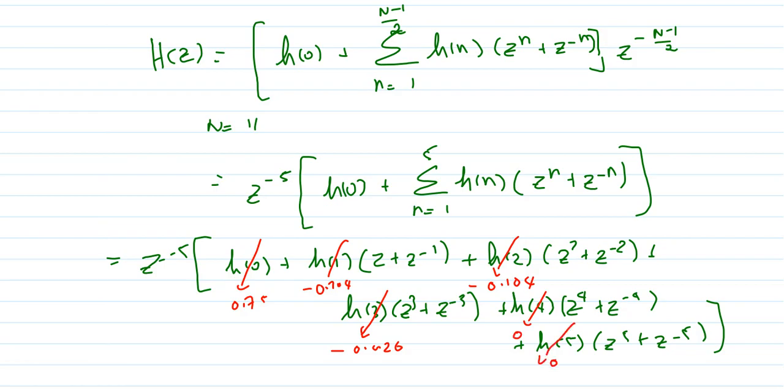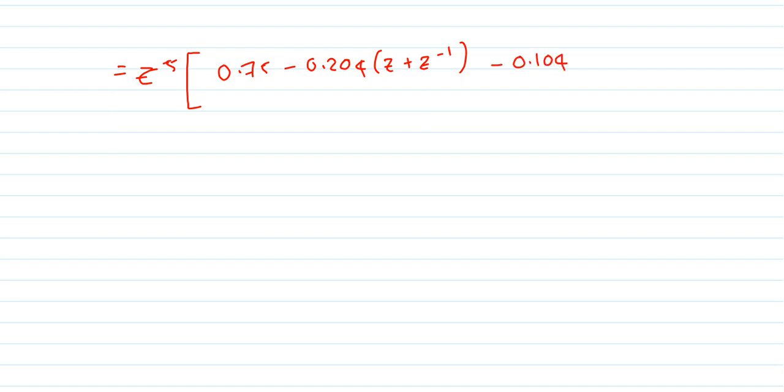So we can rewrite this equation as z power minus 5 into 0.75, that is my H of 0, minus 0.204 (z plus z inverse), minus 0.104 (z square plus z power minus 2), minus 0.026 (z cube plus z power minus 3).